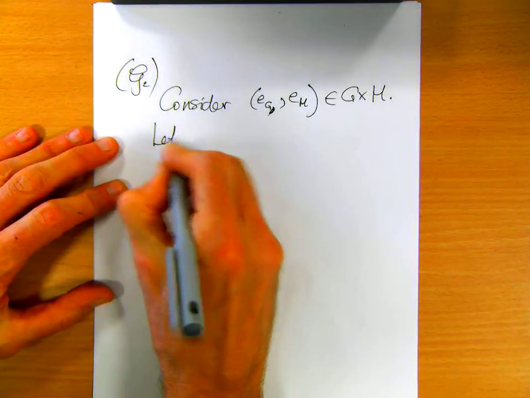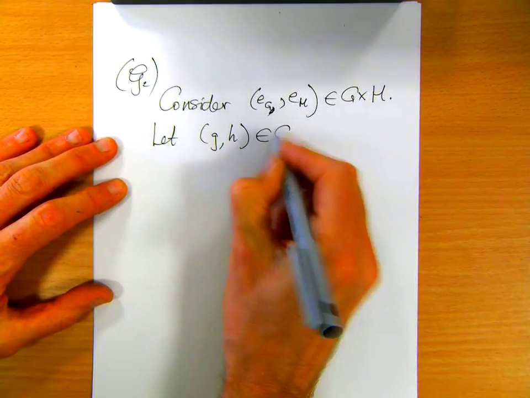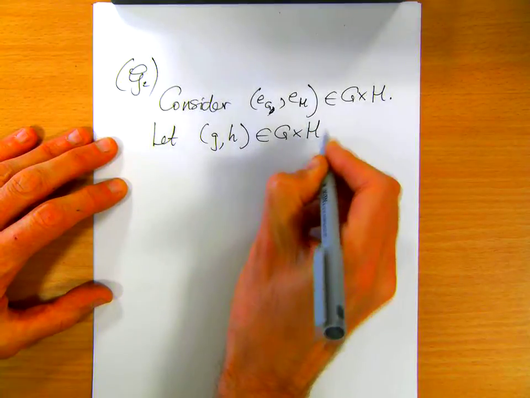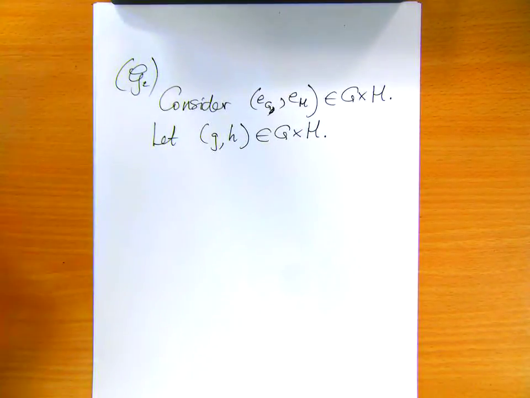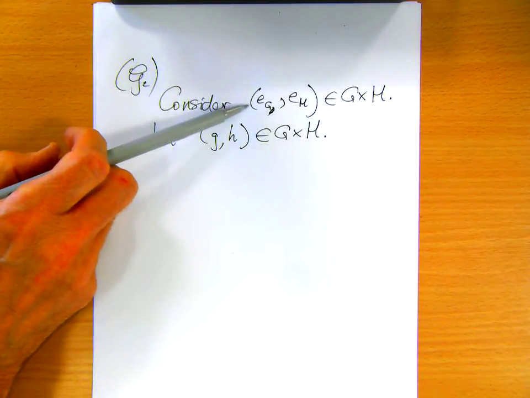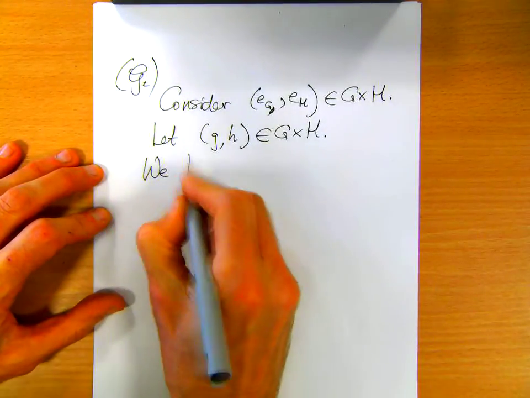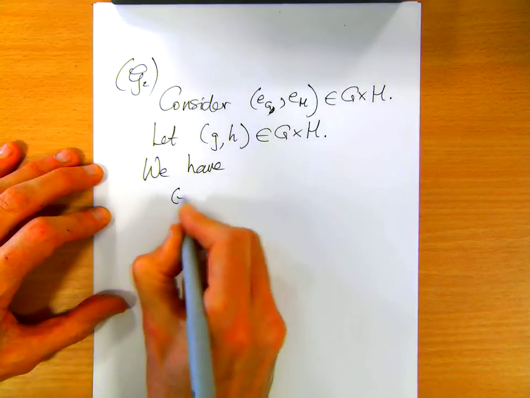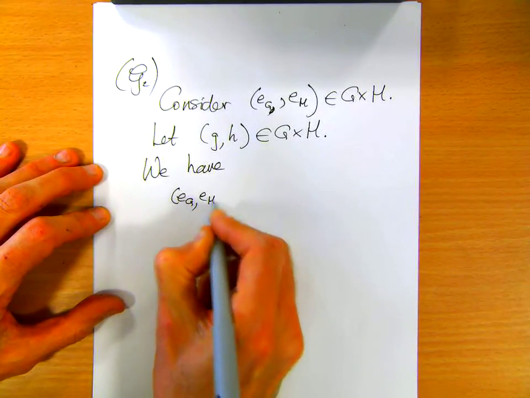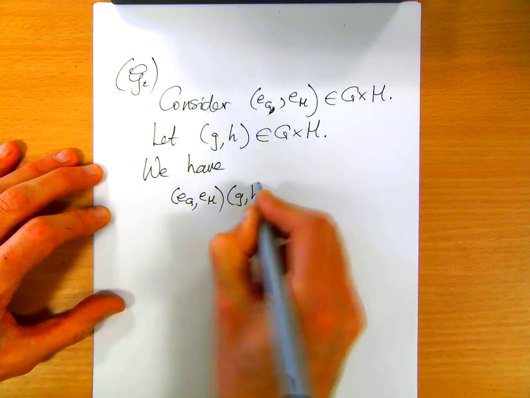So let (g, h) be in G cross H. I want to prove that if I multiply this putative identity element by (g, h), I get (g, h) back. So (e_G, e_H) times (g, h).